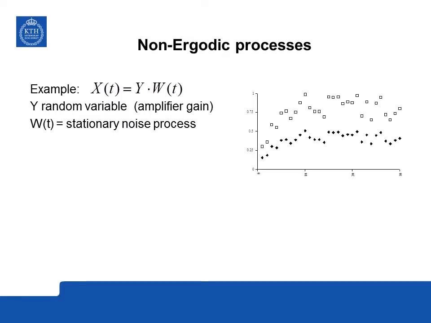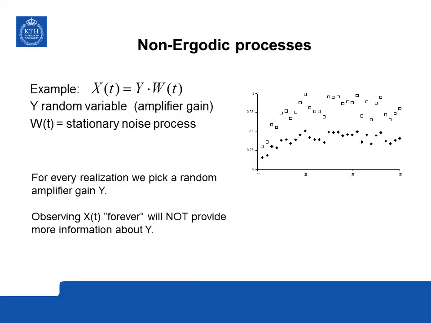And if we look at two realizations of this process, it looks like this. So for every realization, we pick a random amplifier gain y. If we pick y in a certain way, we get the black dots, and if we pick y in a different way, we get the white squares.